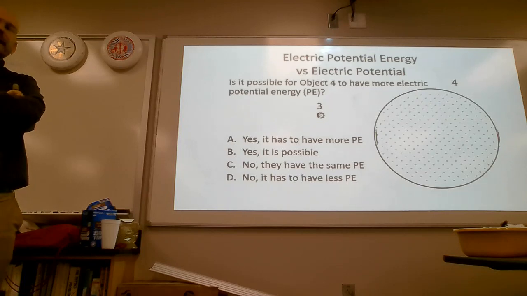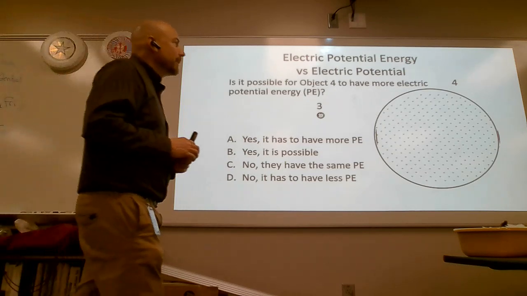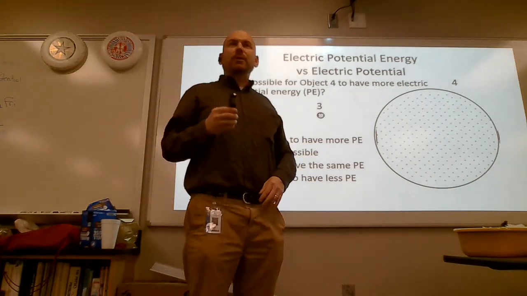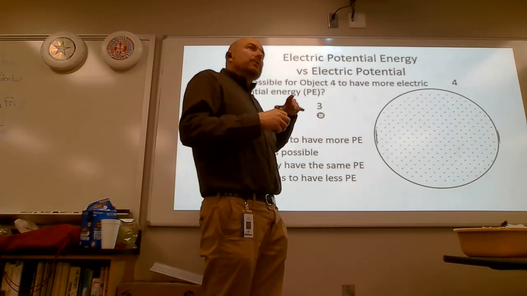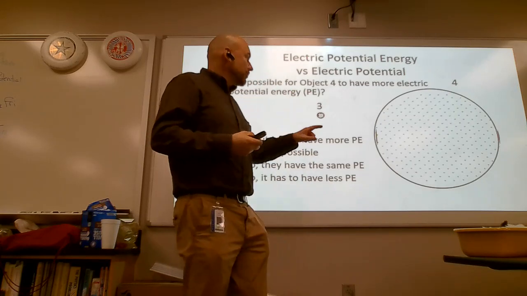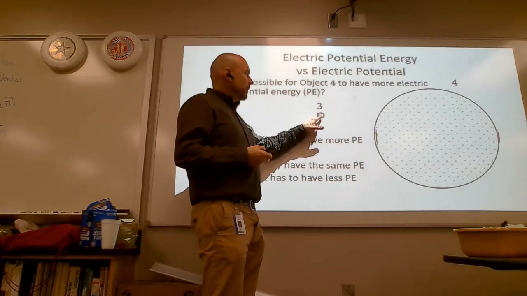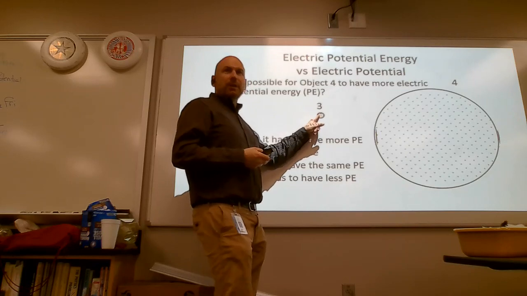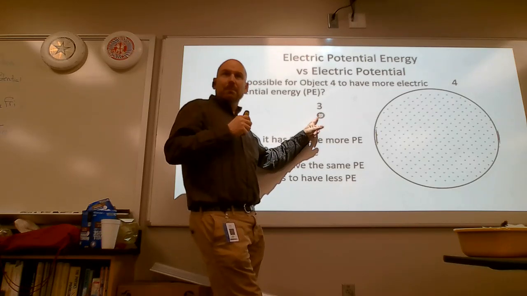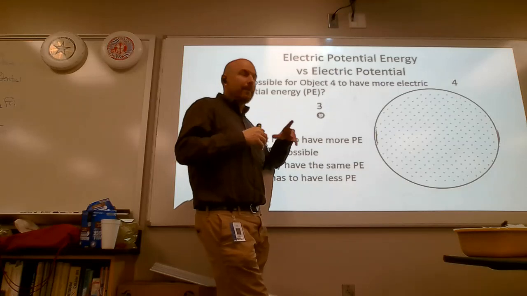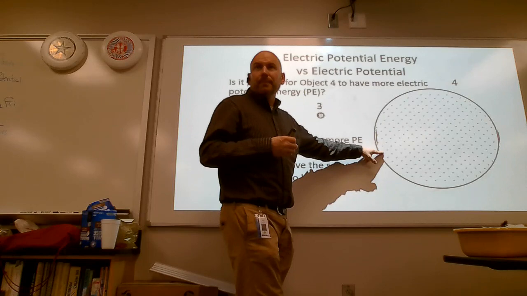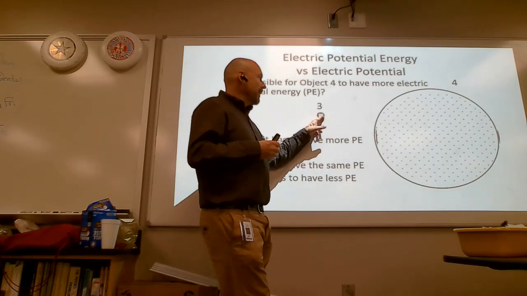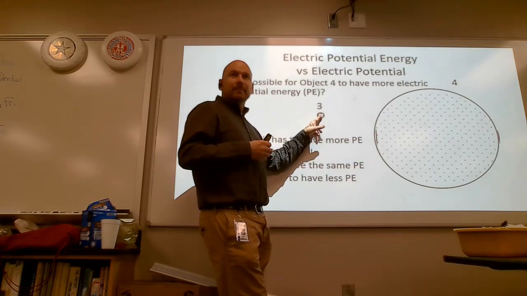I'm going to make an analogy using money. Electric potential is how much energy there is per electron. So instead of energy, I'm going to use money. Here, each electron has $1,000, super crammed together. Here, each electron has $100. When you add all those up, you get maybe $10,000.